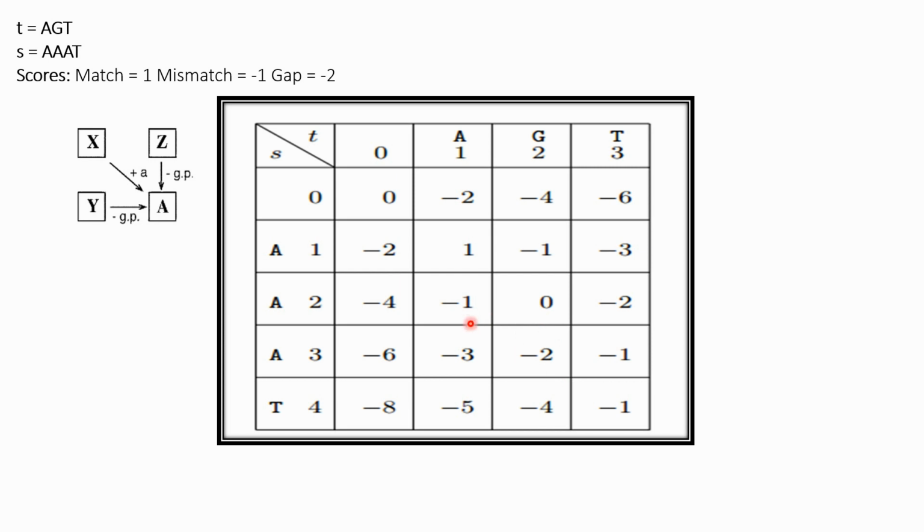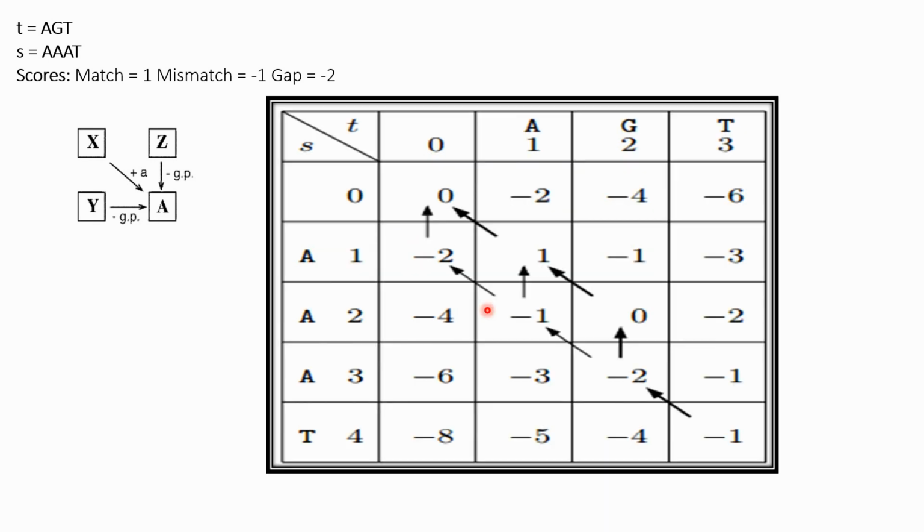So we place two arrows here, and in this fashion we place arrows to all boxes from where the values are coming, like this. And this value is coming from this box, and this value is coming from the upper box and this diagonal box.